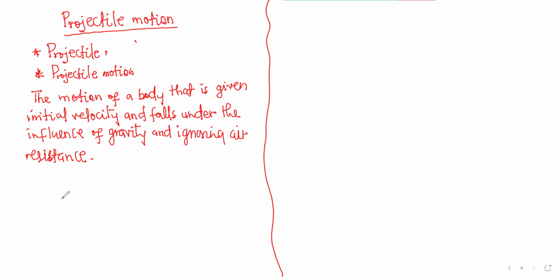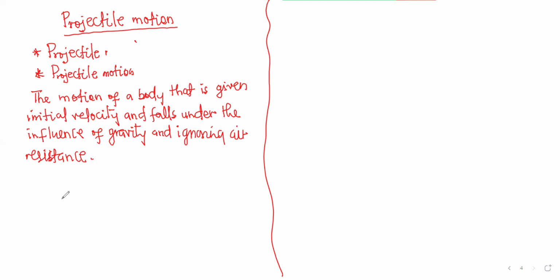Then what is a projectile? A projectile is a body. So the projectile refers to the body that is given an initial velocity and falls under the influence of the force of gravity, ignoring air resistance.